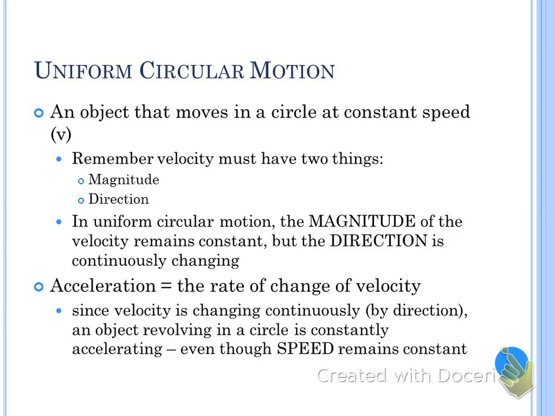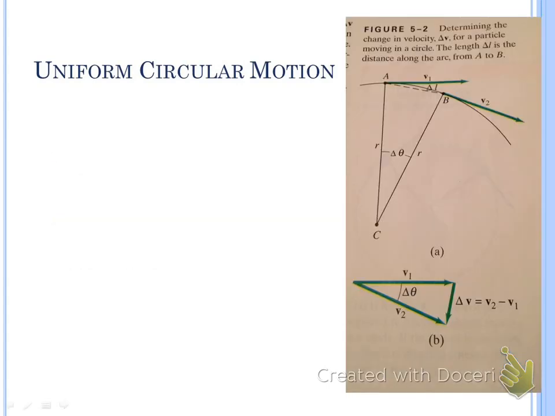Okay, so this is where it gets a little bit tricky. We say acceleration is a change in velocity, and if we know this object's velocity is changing via its direction component, that means it's constantly accelerating. It doesn't necessarily mean that it's getting faster or slower. It means that the direction of that velocity is changing, which means the direction of the acceleration is changing.